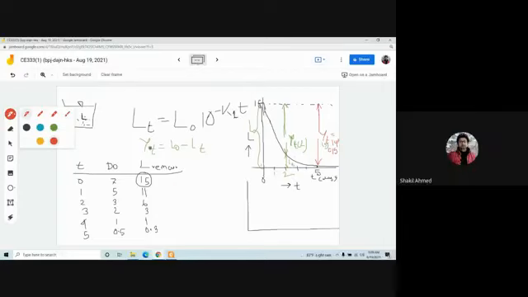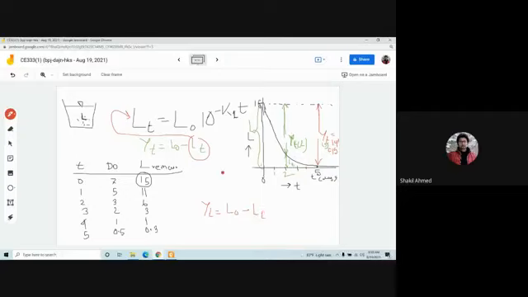Yes, sir. So now you put this value. Write it down here. You can write Yt equals L0 minus, put the value of Lt here, L0 times 10 to the power minus K1 into t.